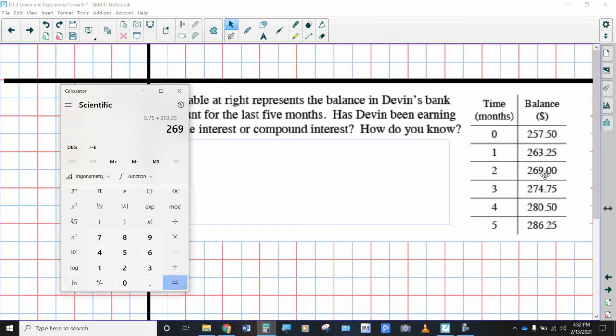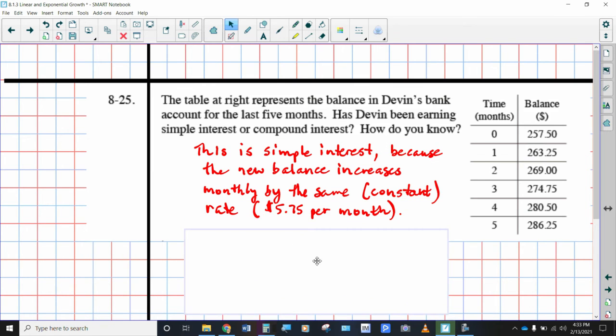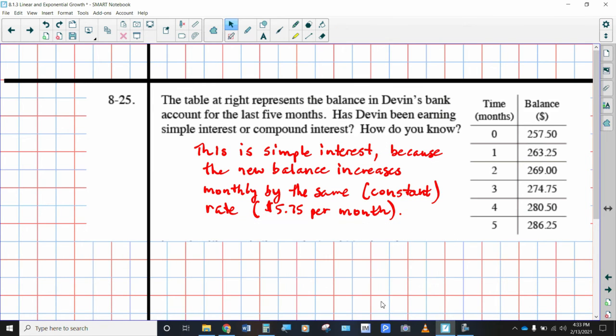And indeed I do. 269 plus 5.75 is yes. Okay, I feel confident. We are adding the same amount each time, so this is simple interest. The amount is growing by $5.75 per month, which is a constant growth rate.